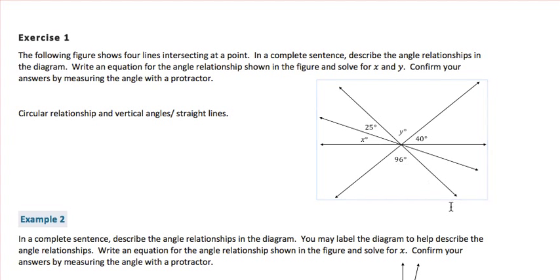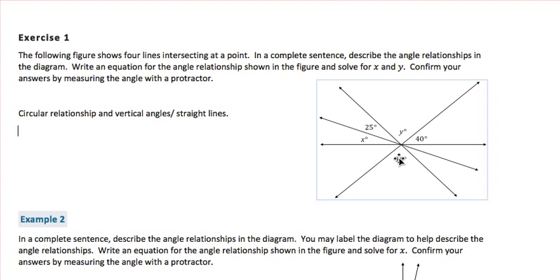We have a straight line here, and while it looks like we have 3 measurements, we really don't, because x and then nothing doesn't help either. So I would suggest the first thing we want to do is look at our vertical angles.